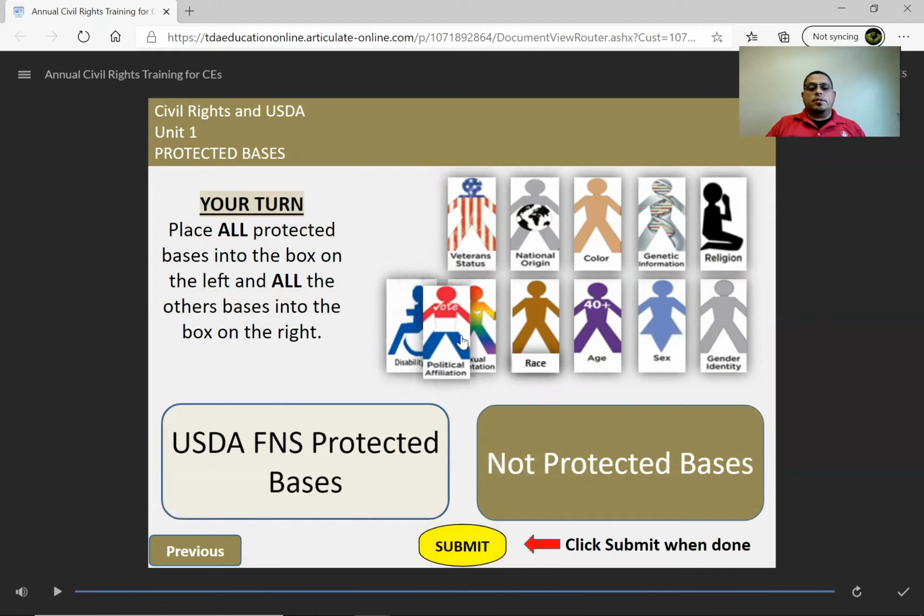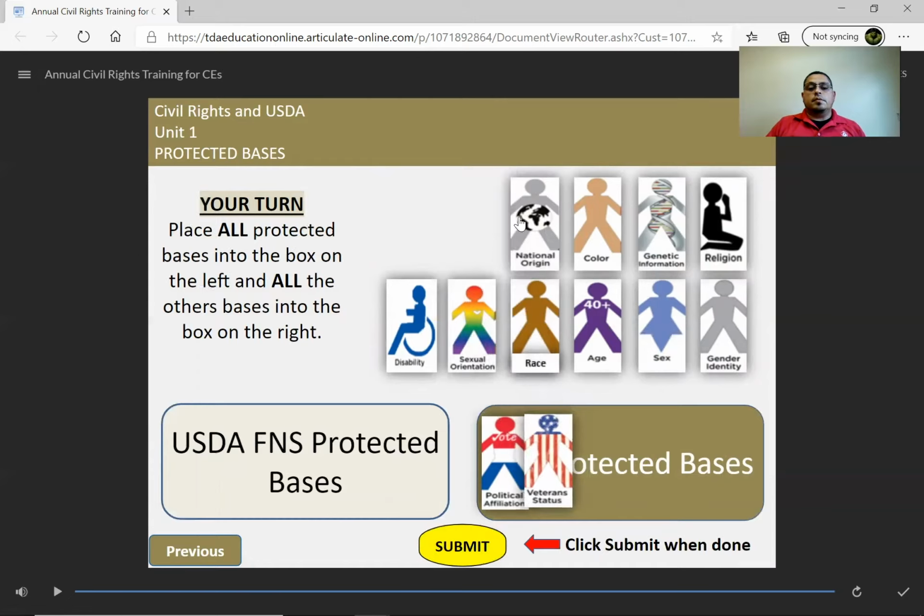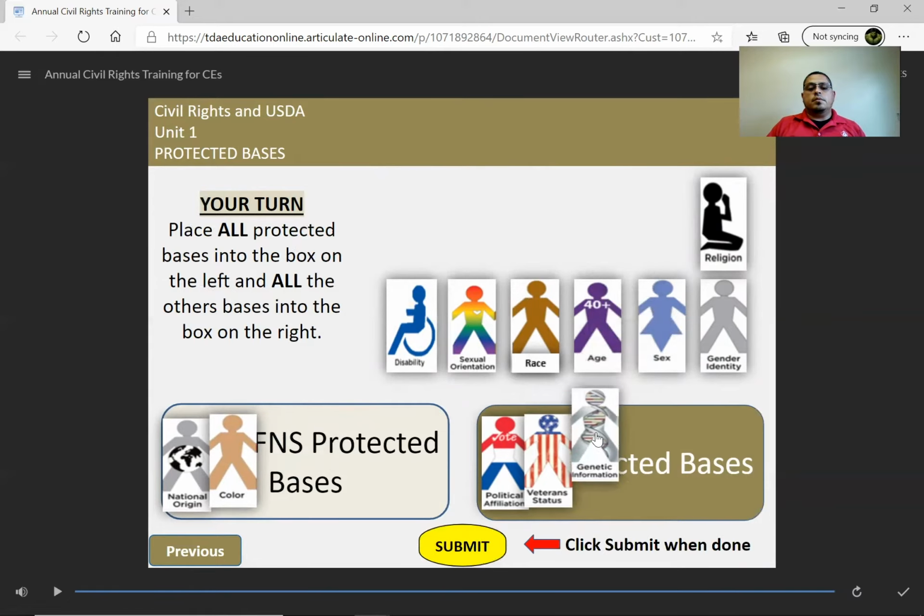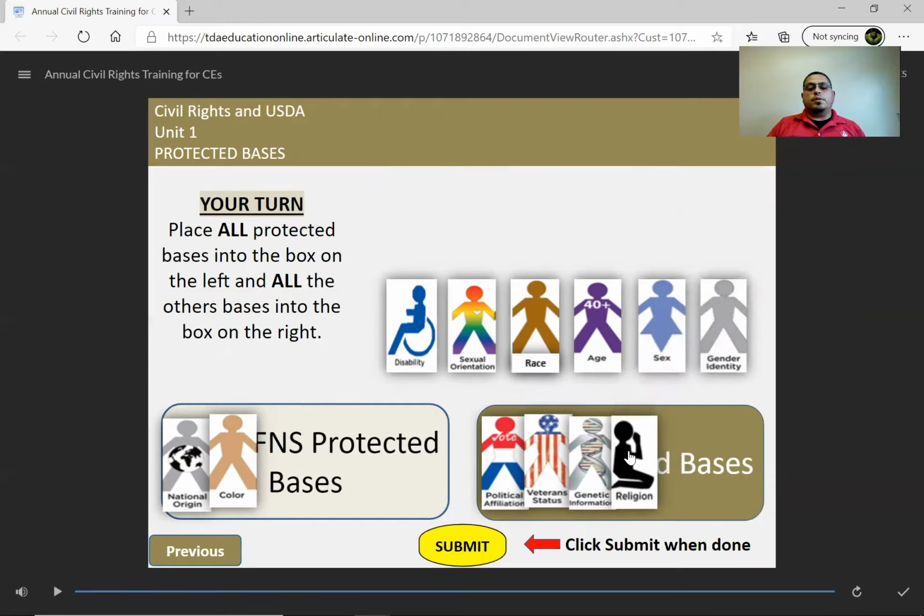Veteran status, not protected. National origin, protected. Color, protected. Genetic information, not protected. Religion, not protected. Disability, protected.